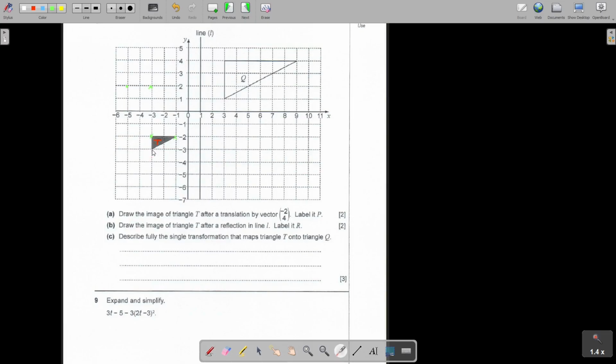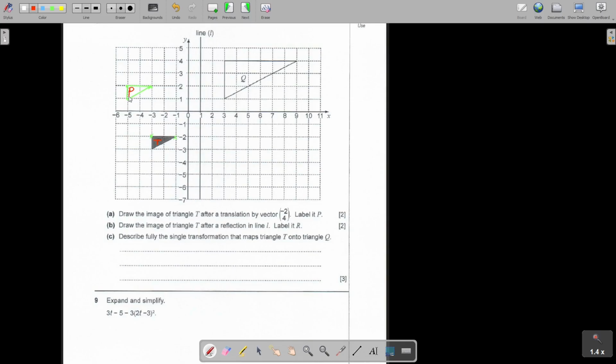Then I take this point, 1, 2, 1, 2, 3, and there must be the dot. And then I take my ruler and draw that line and label it. Don't forget to label it P.